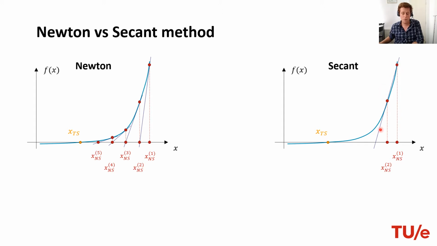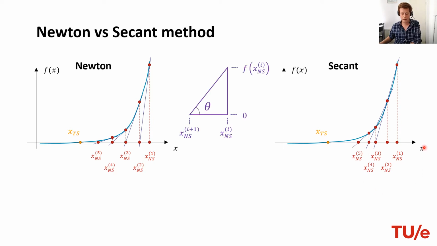And then the new solution will be where this line crosses the x-axis. So this will be x3. We evaluate x3, and now we draw the line between the function at x3 and the function at x2. So we draw the line over here, and this will again give us a new value where this crosses the x-axis. So we see that these methods are very similar.